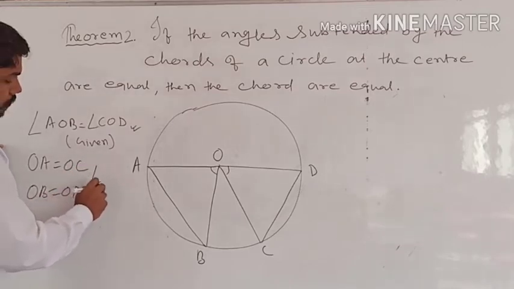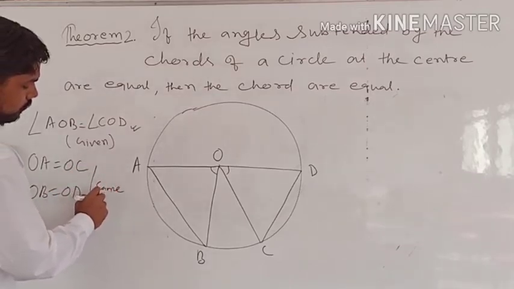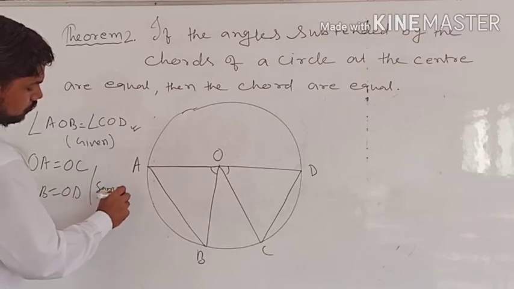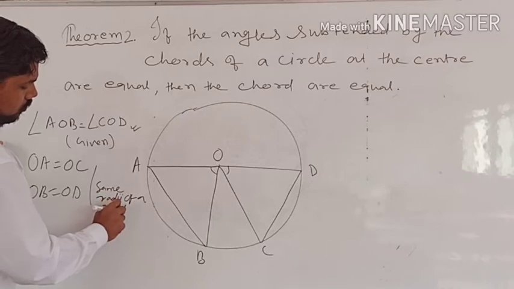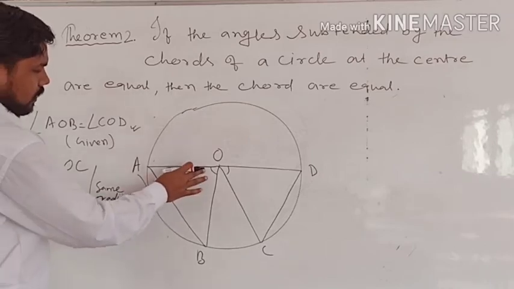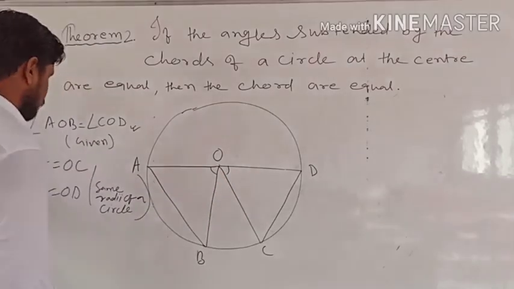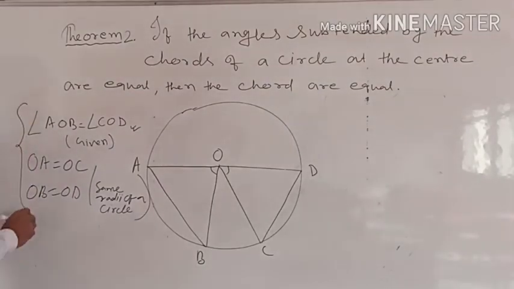So same radii of a circle, this one and this one, this one and this one. So here you have three things: one angle and two sides.